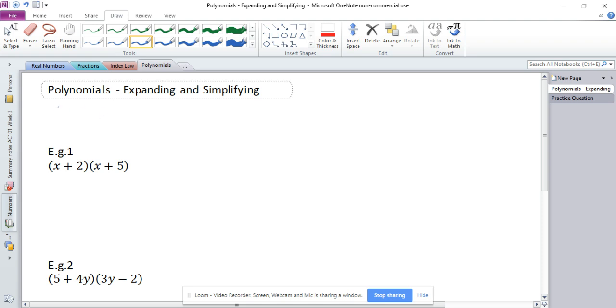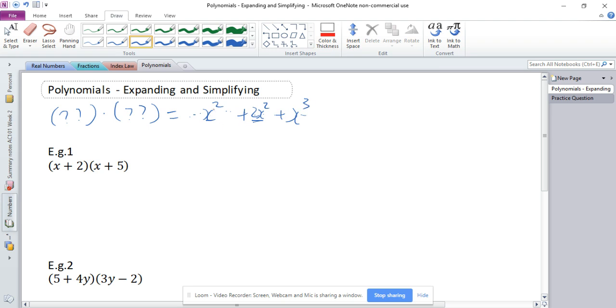So basically, expanding means, let's say you have two terms, whatever. When you multiply them together, you will expand into many terms. But some of the terms you can collect together, like this example here.